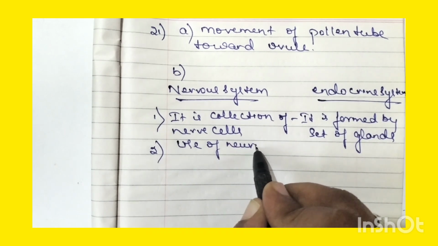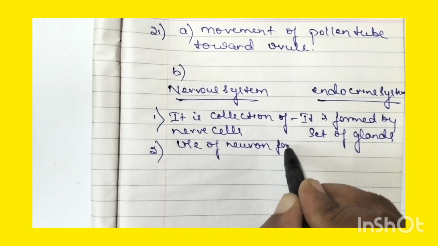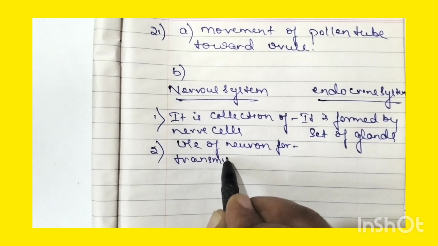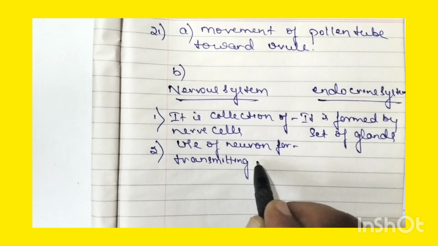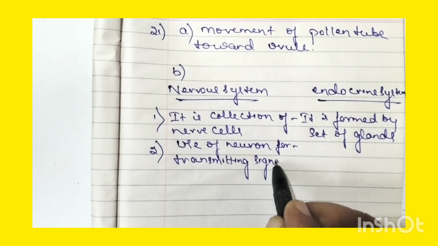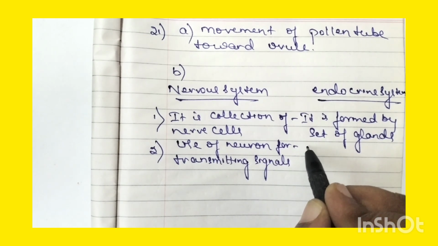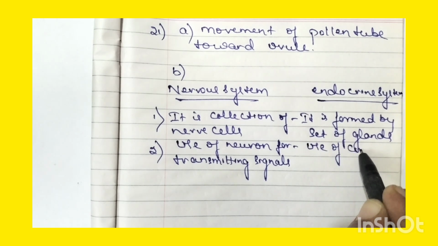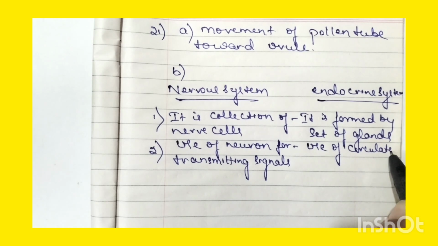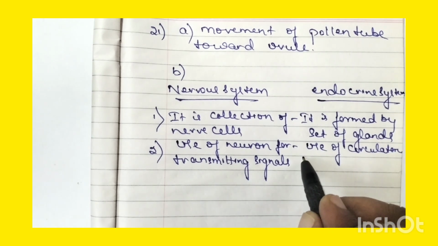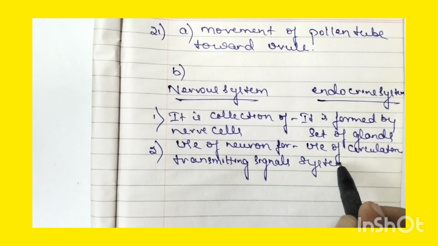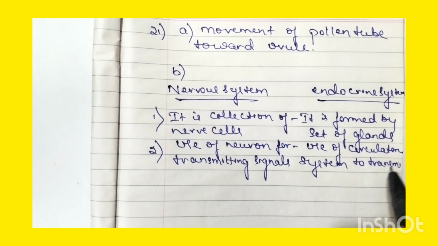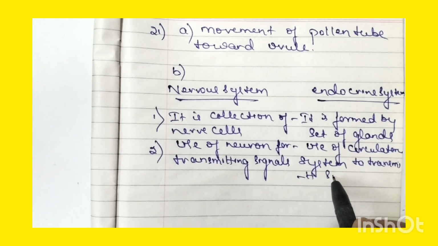Neurons will be used for transmitting signals. In the endocrine system, the circulatory system, that is blood, will be used to transmit signals.